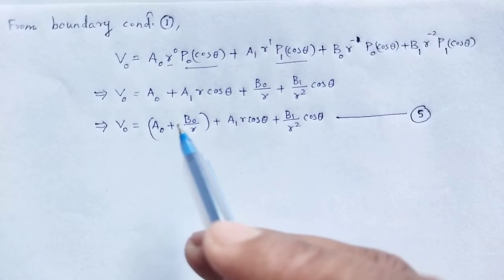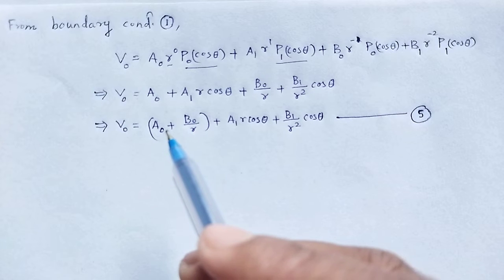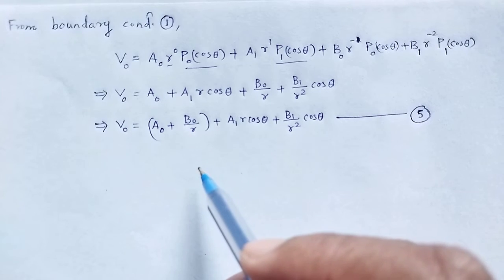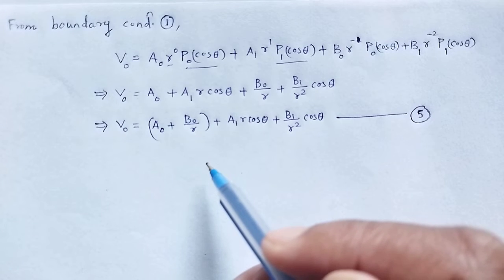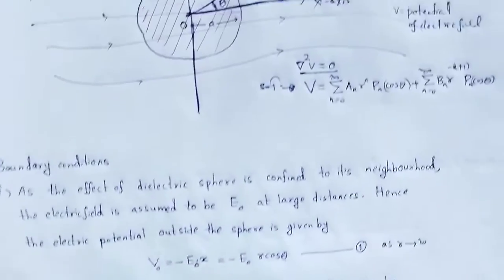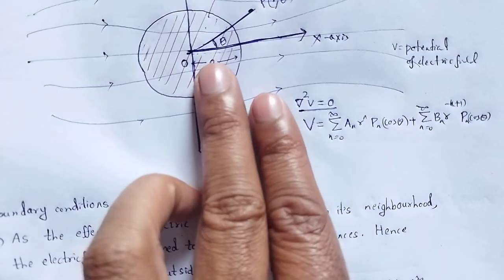Also, for internal points, the potential should not include the 1 by r term, as V becomes infinity as r is equal to 0 at the center.